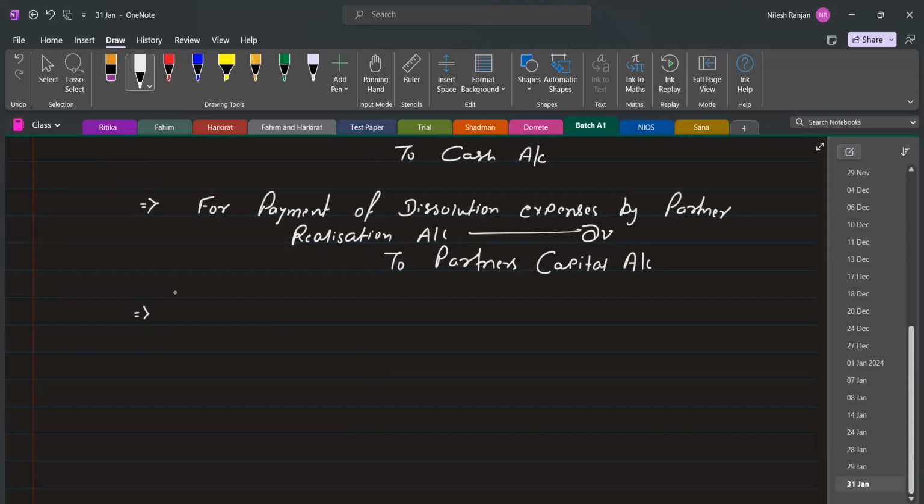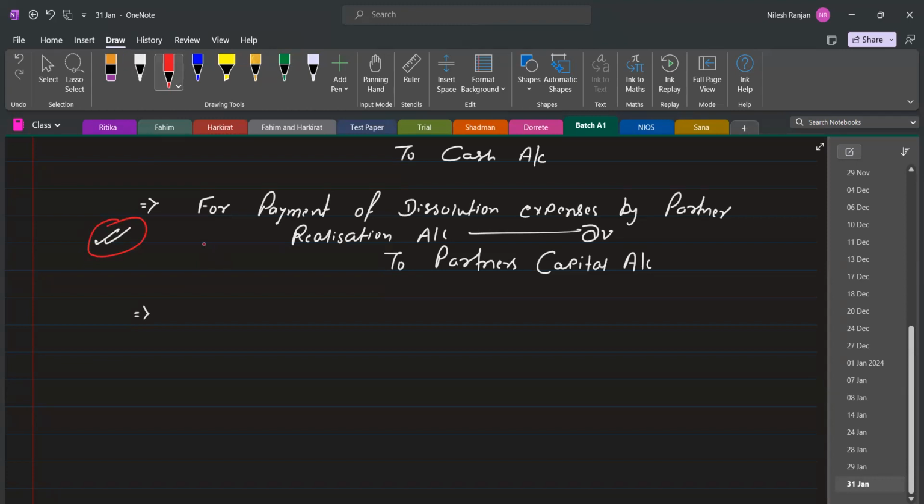When the burden of payment is taken over by the partner, it will be written in this manner so that you will understand that the partner will pay the dissolution expenses and will not take any money in return from the firm. In the first case, like this one, the partner will pay the money right now, but he will receive credit for this. He will receive this money later from the firm.